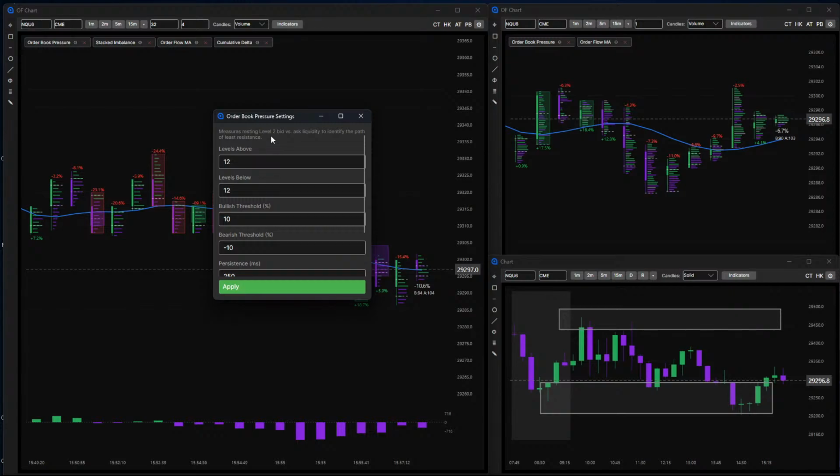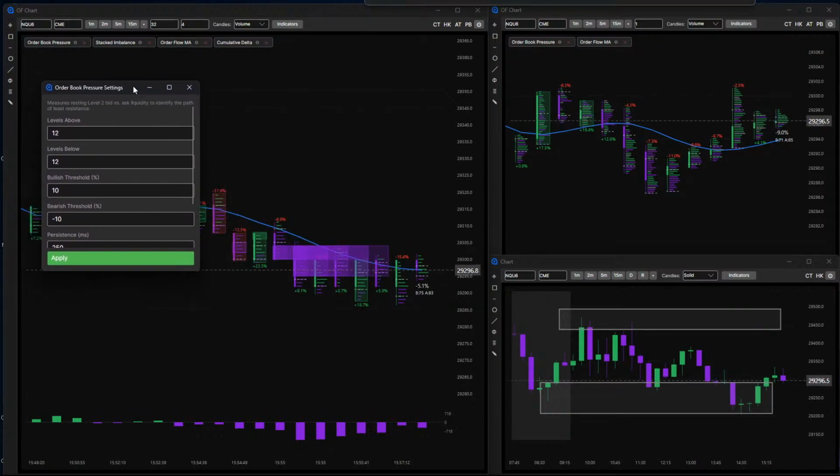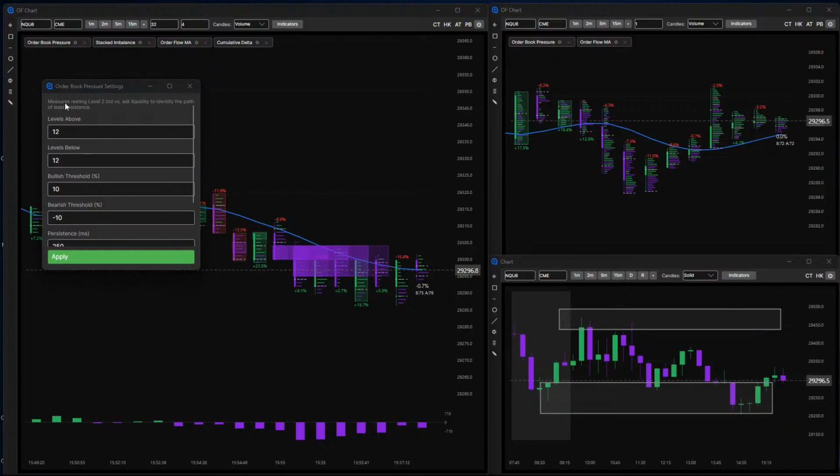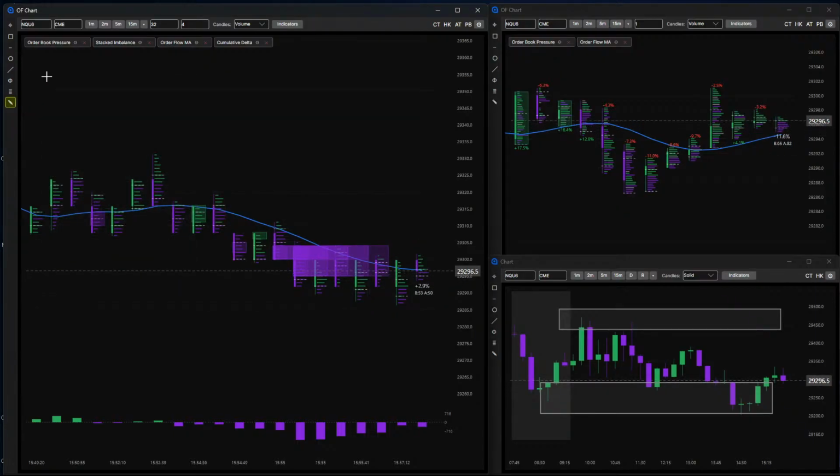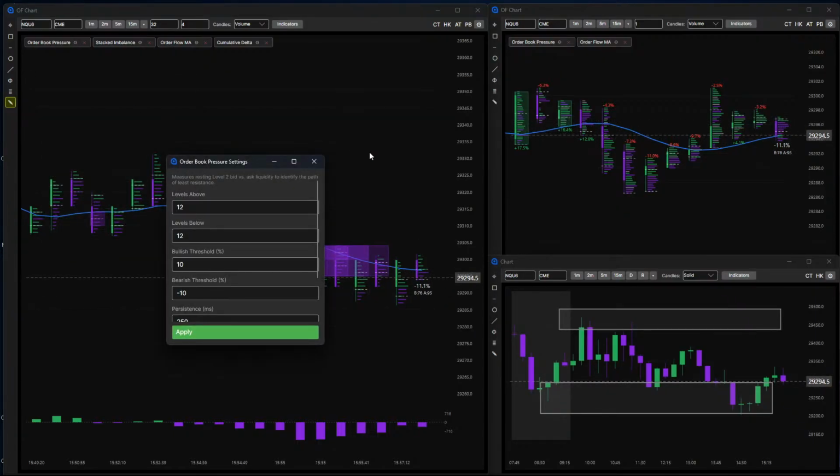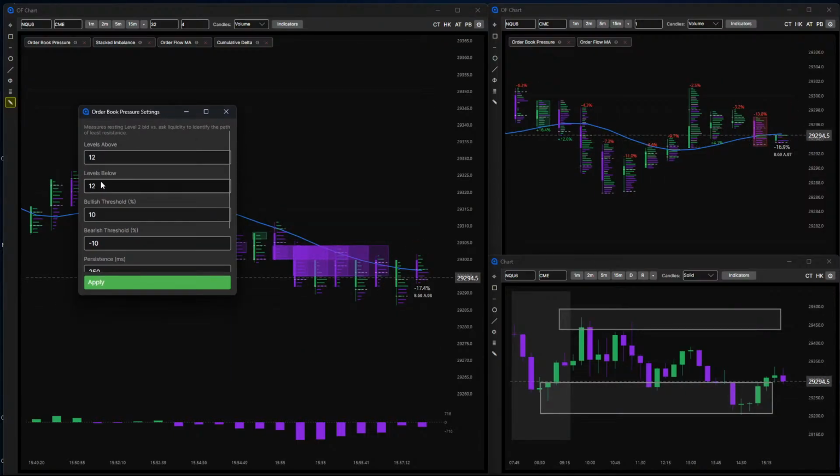No, I can't draw while that's open. All right, you see how it says levels above, levels below, 12 ticks. That's 12 ticks, and it's summing up the data.